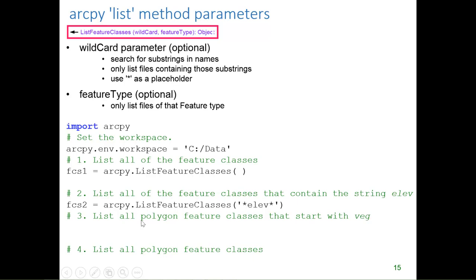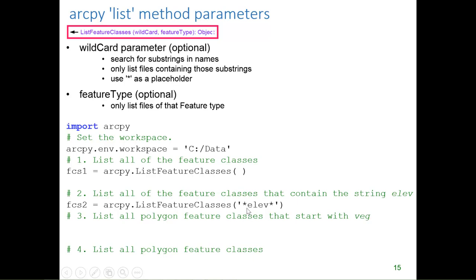If we want to list all the polygon feature classes that start with veg, see if you can think of how that wildcard would be used. So it would look very much like this one, except the string in here is going to be different. And since we want to make sure that it starts with veg, we don't want to have a star at the very beginning.